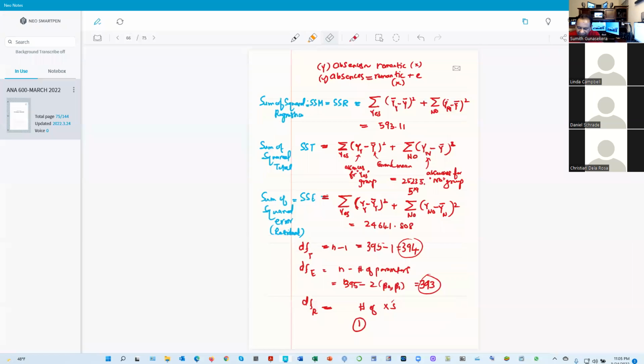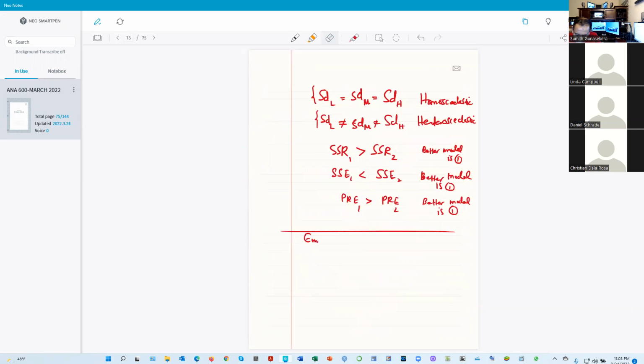You can look at the same thing in two ways. The empty model: if you write the equation for y, it is B naught plus error. No x terms.